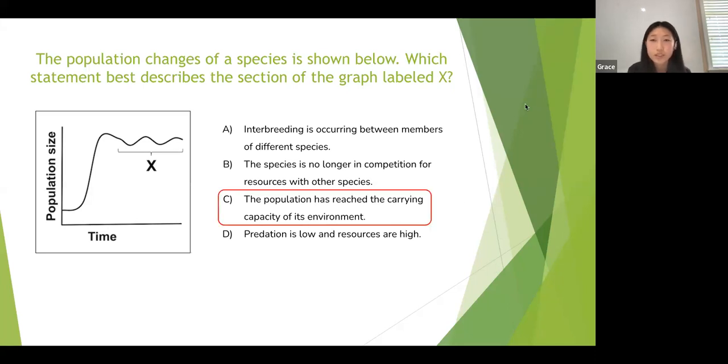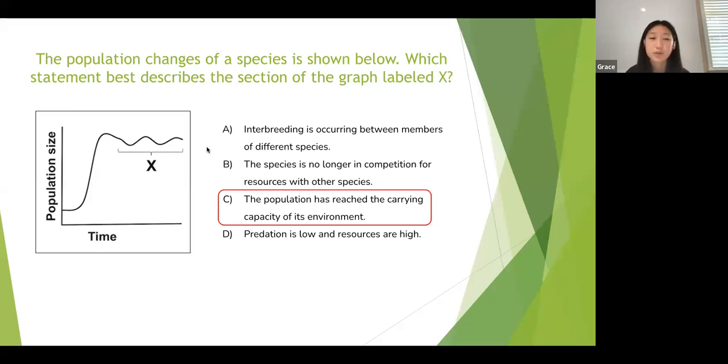All right, so let's take a look at the answer. The answer to this question is going to be C. I see a lot of you put D. C is the correct answer, but D, I see how you might think that. It is somewhat true, but really not necessarily. Resources are high, and definitely predation is not necessarily low, because you can see that the population is decreasing going back and forth.